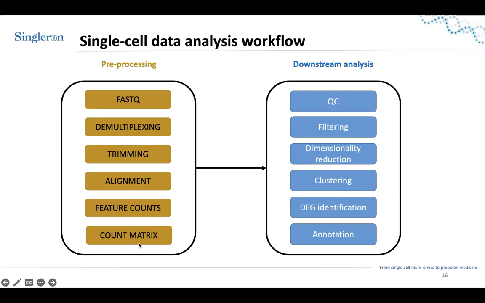Okay, so we get the count matrix, so for each combination of cell and gene, we get the counts for this particular gene. We use this as an input to our downstream analysis, and this is where we try to get meaningful results, like biological insights. So that's why this first step is the pre-processing step.